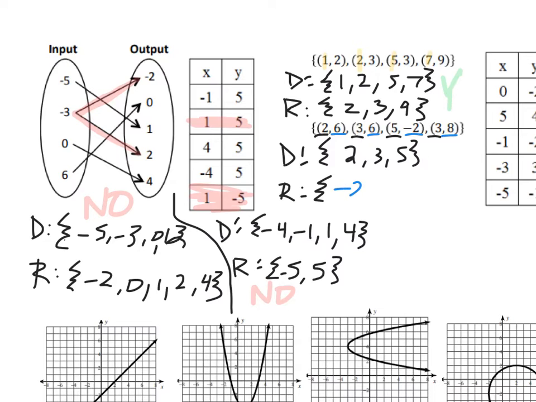So in order, that would be -2, 6, don't repeat it, and 8. And looking at that again, paying attention, I have 2, 3, 5, 3. Look at those 3s. See how I have 3, 6, and 3, 8? That means no, that is not a function because you have the 3 going to two different y values.